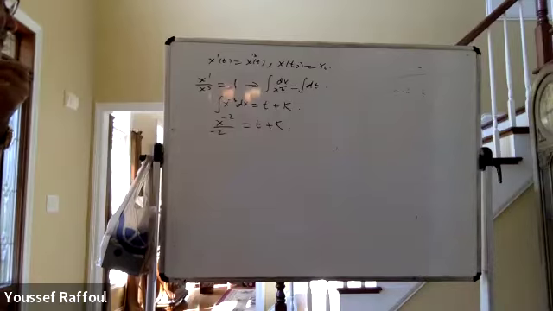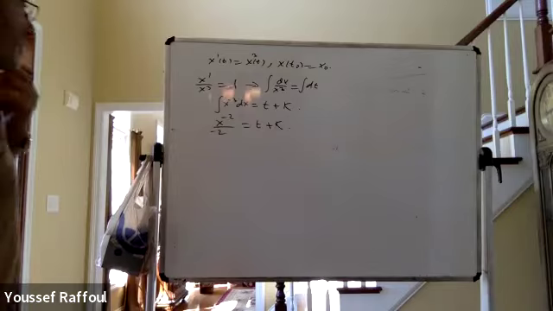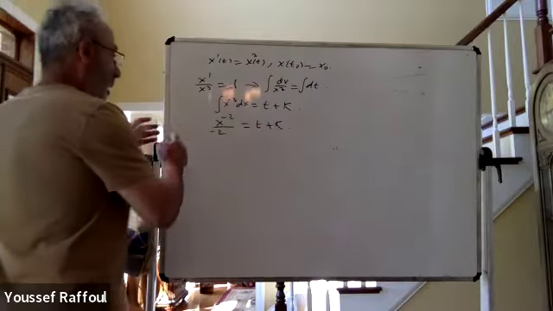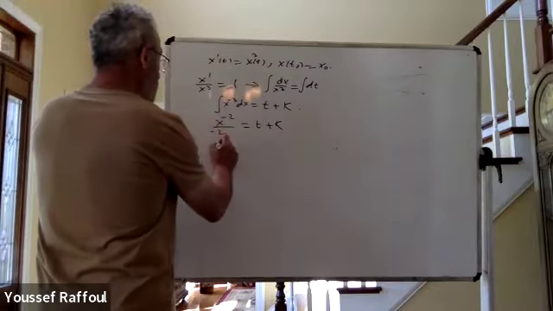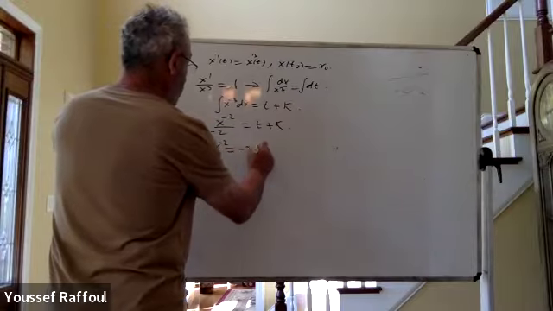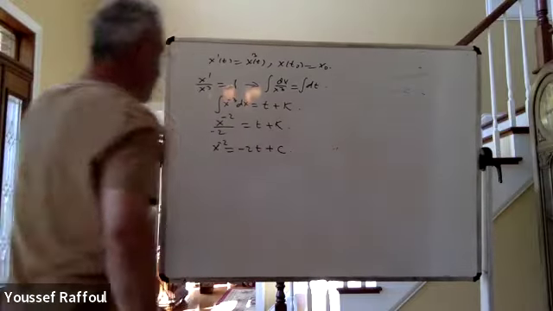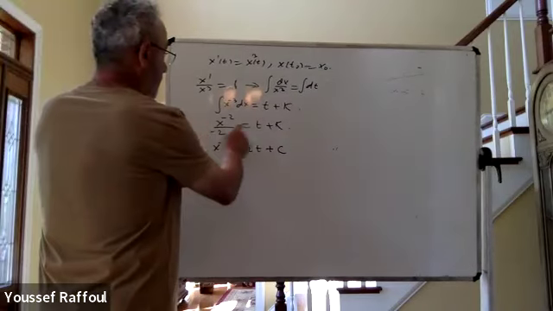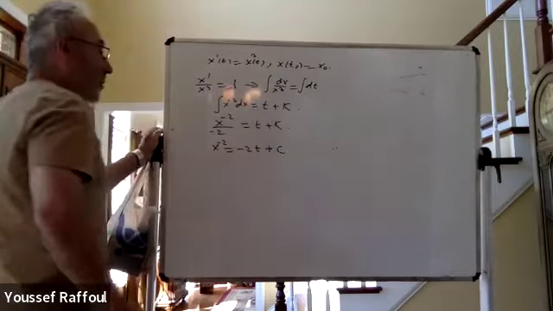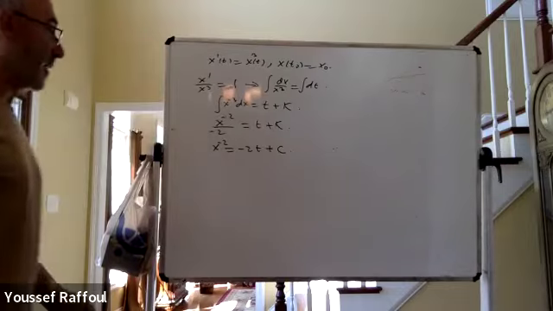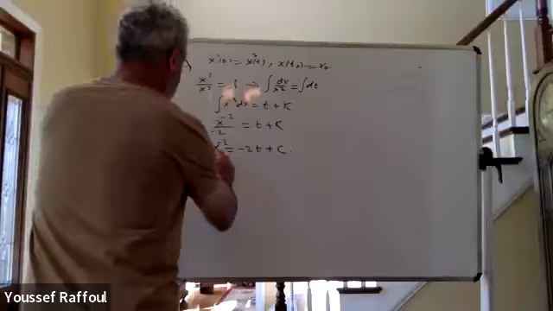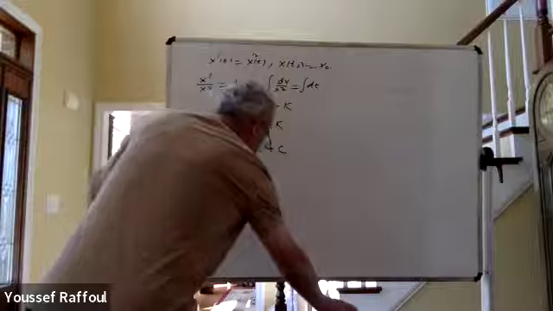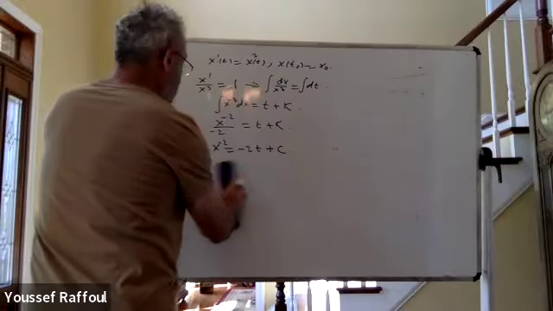If I multiply by minus 2, we get x to the minus 2 equal minus 2t plus c. Now I change the c to minus 2k. So this is 1 over x squared. Okay, that's fine. What is our c?